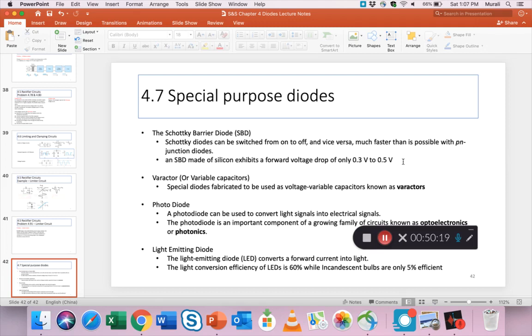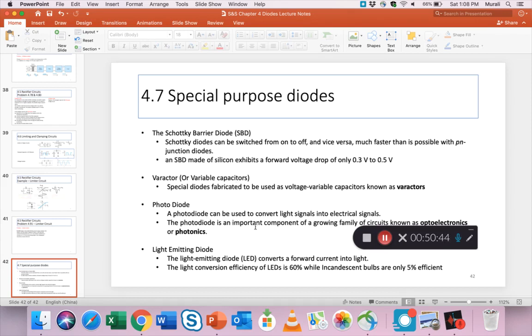So that property can be used, and so diodes are specially made only to exploit that property. They are not used to do regular diode work, but they are just doing variable voltage or variable capacitance type application, particularly for radio frequency tuning and all that. So that is one type of diode.